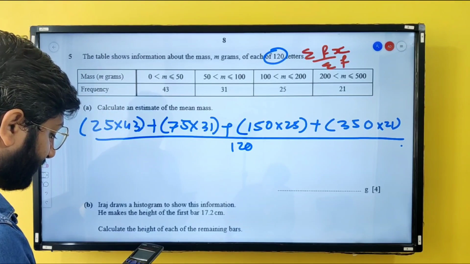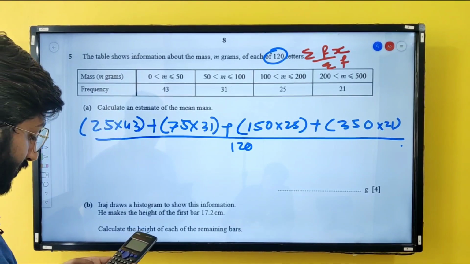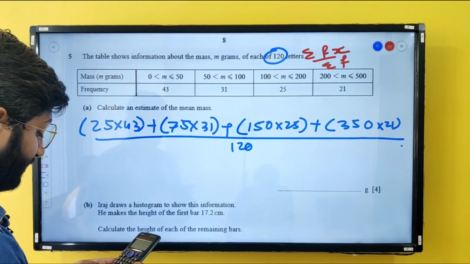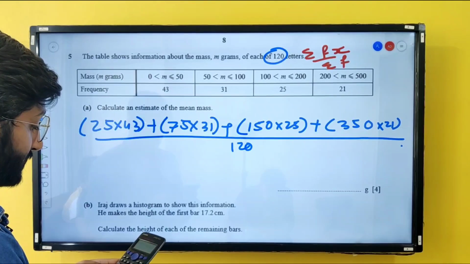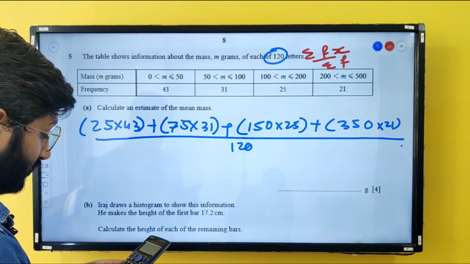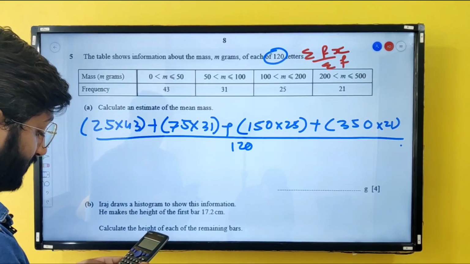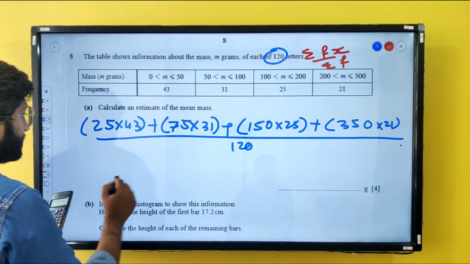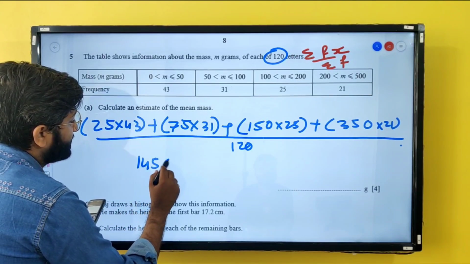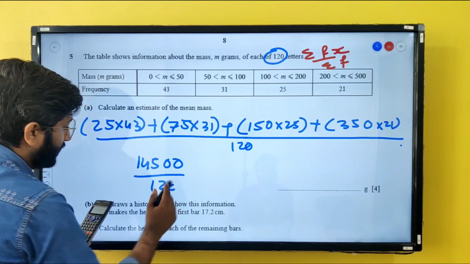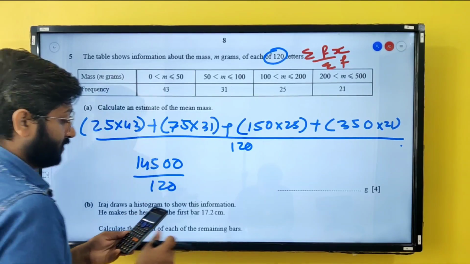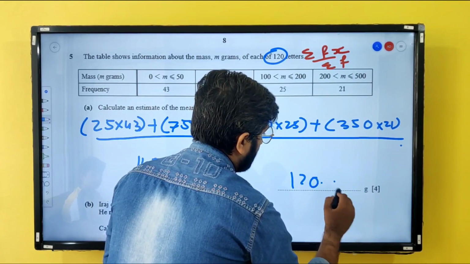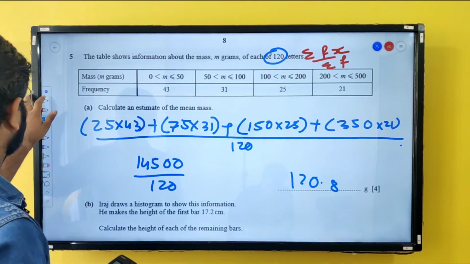Let me do this, guys. 25 times 43 plus 75 into 31 plus 150 into 25 plus 350 into 21. So the total is 14500 divided by 120, which is 120.8333. So I'm writing this as 120.8 grams.